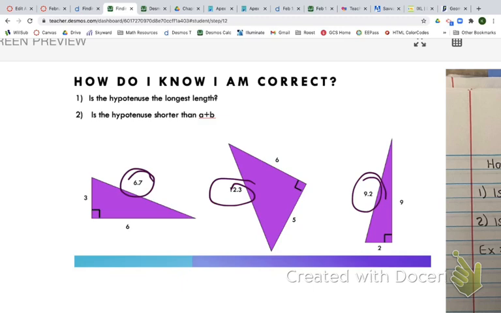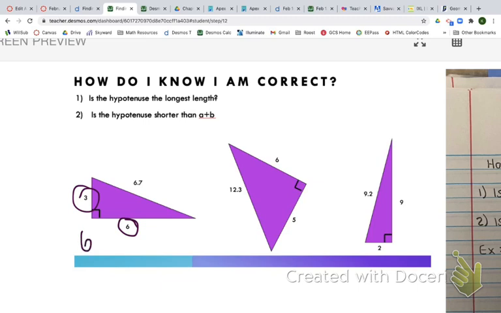So they are always the larger number. Another cool thing about the hypotenuse is that the hypotenuse actually has to be shorter than when you add the legs, or a plus b. So if I add for my first triangle 6 plus 3, I get 9. And 6.7 is less than 9. So that is correct. Okay, for my second triangle, I have 6 plus 5. 6 plus 5 gives me 11.